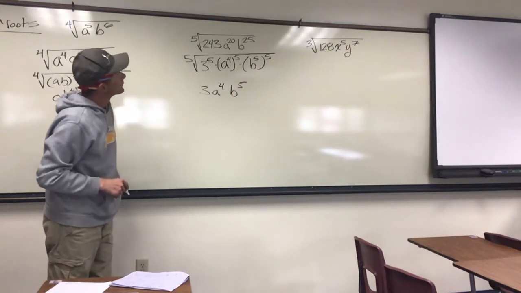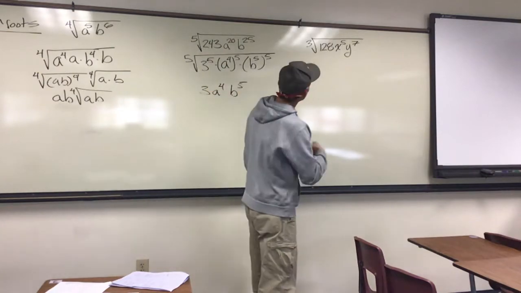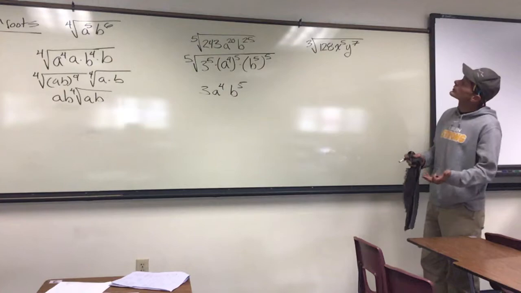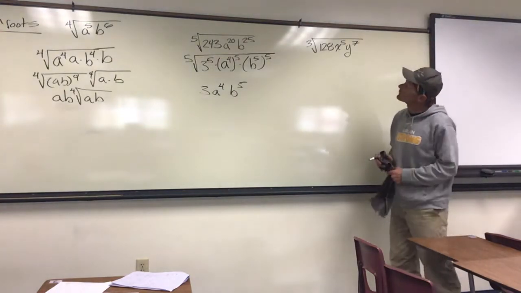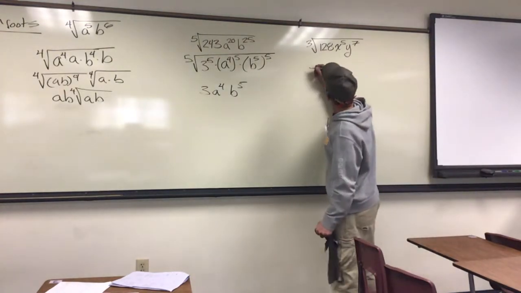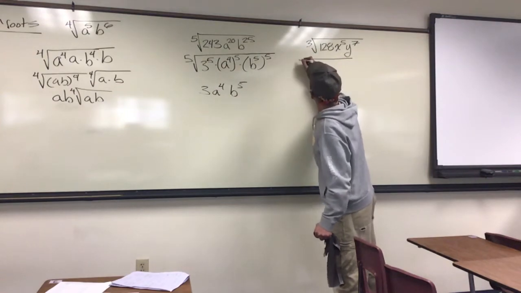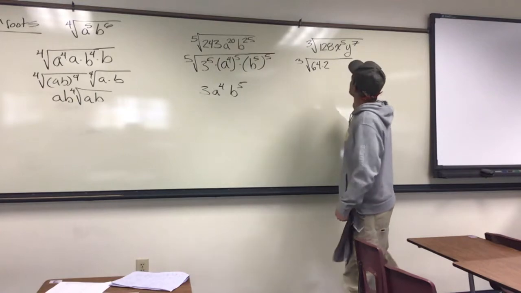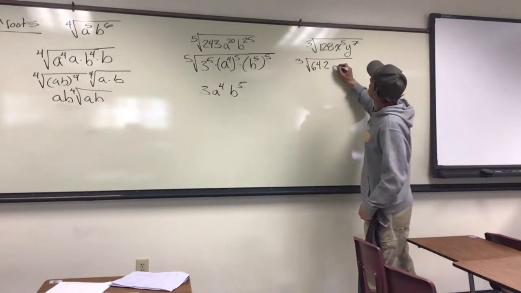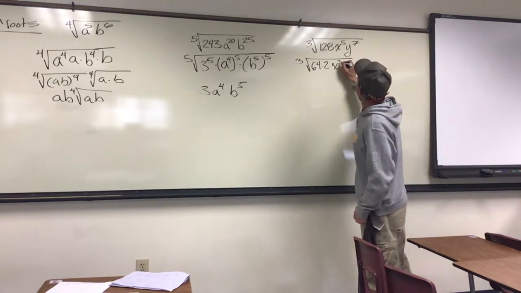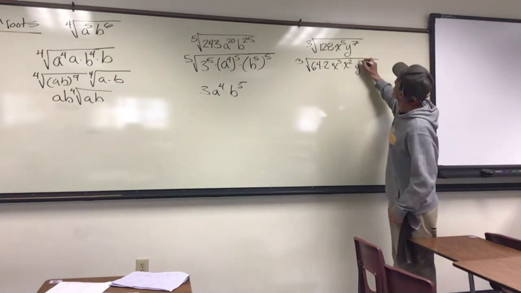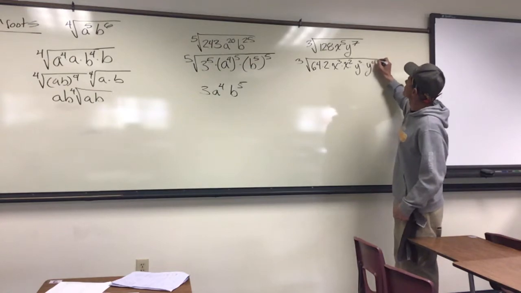Okay? So, going over to this one, we have cube roots. I grab my calculator and I do 2 cubed, 3 cubed, 4 cubed, and I find, oh, guess what? 4 cubed is 64. So I can write this as the cube root of 64 times x cubed times x squared and y cubed times y to the fourth.